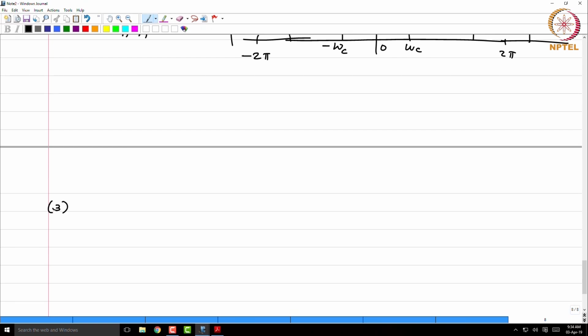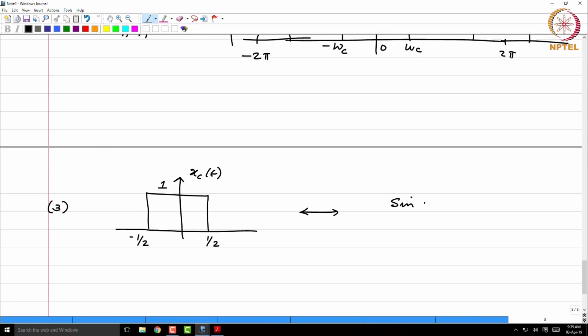And the final example we will look at is this. So, this is xc(t), and this transform of course is a sinc, sin(Ω/2) by Ω/2.